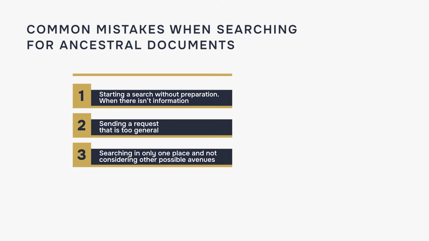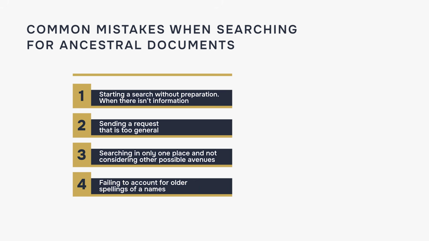If a record isn't found in one institution, that doesn't mean it doesn't exist at all. Documents may have been transferred to an archive, stored in another collection, or come from church sources. The fourth mistake is failing to account for older spellings of a surname, first name, or place name. Such variations are very common in historical documents, and they are often what prevent you from finding the right record on the first try.